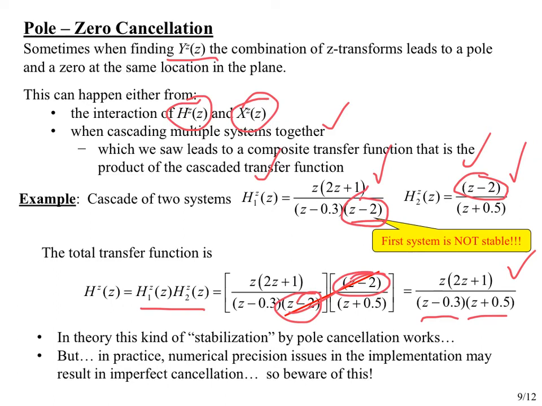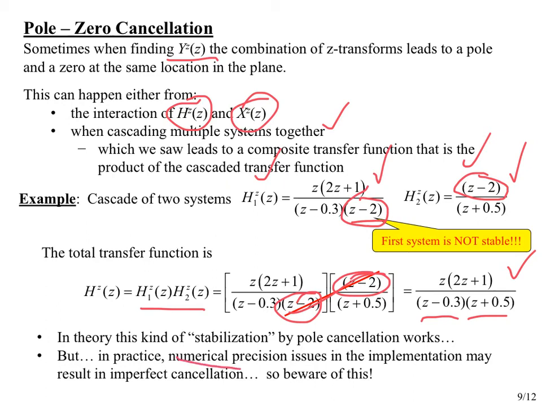Now this way of stabilization by pole cancellation works in theory, but in practice you have to be very, very careful. When you really do implement these systems, the numbers that determine where the poles and zeros are, the coefficients of your system, say in the transfer function or the difference equation, when you code those into your computer, they can get rounded off to the precision of your computer.